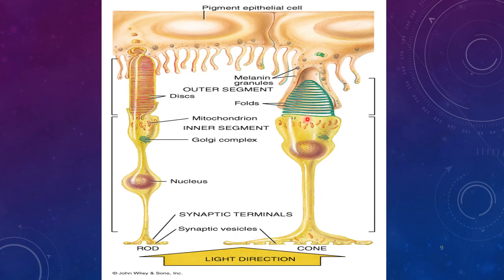So same as in the rod cell, you can see here this is a cone cell, which is also surrounded by these cytoplasmic processes of the retinal pigment epithelium. Here in this outer segment you can appreciate these membranous lamellae, but they do not become separated or independent, and they retain their continuity with the plasma membrane.